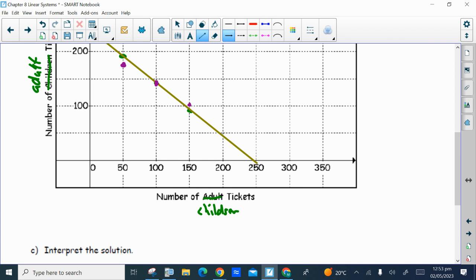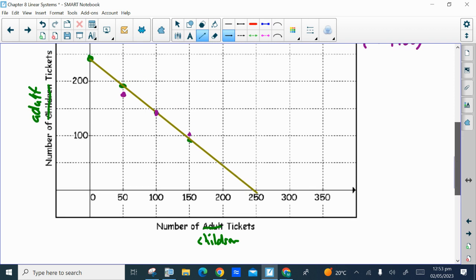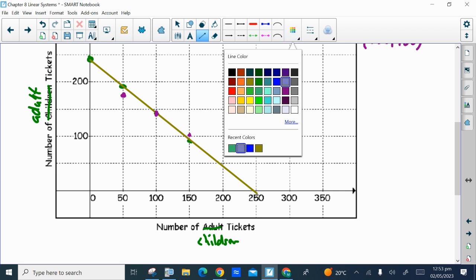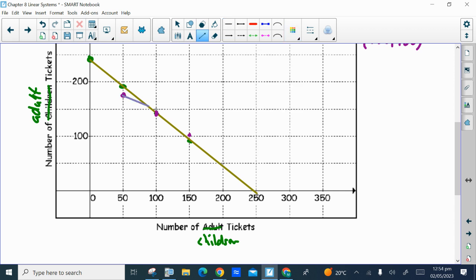So now we will draw a line going through all of those points. So that line will look something like that.